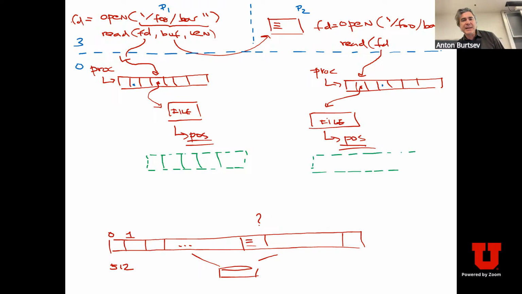And each process keeps track of where it is reading. So in one process, the position can point to, I don't know, byte number 55. And in this one, it will be 1027, for example, right? Make sense?